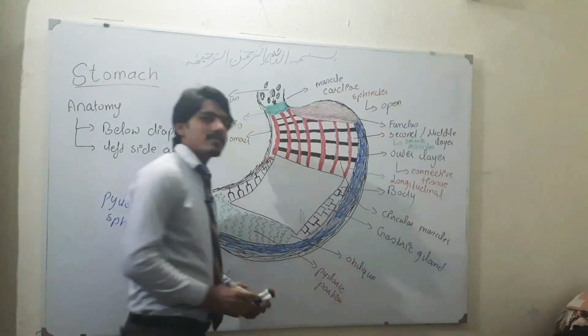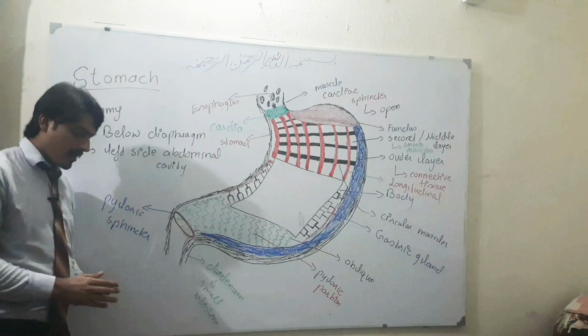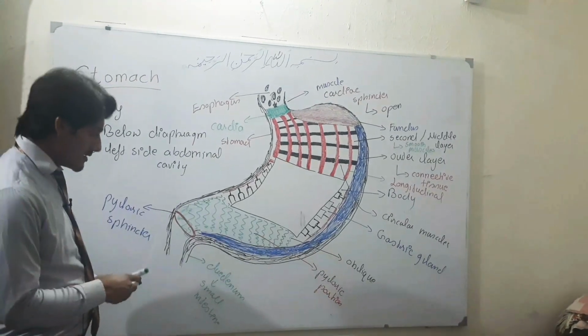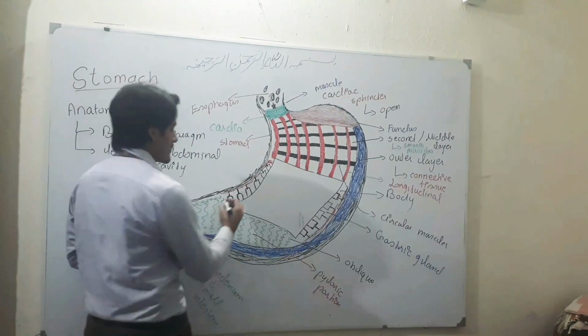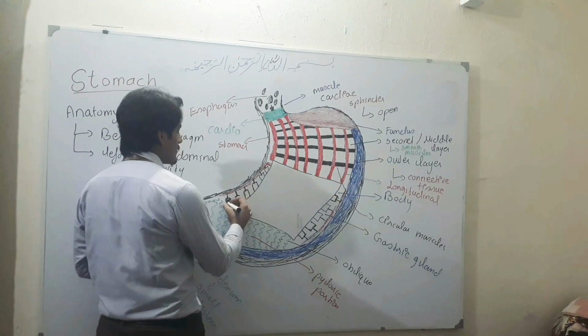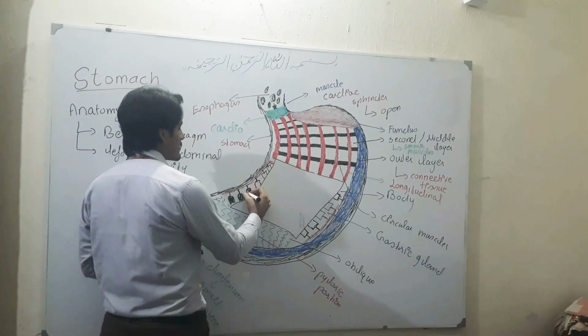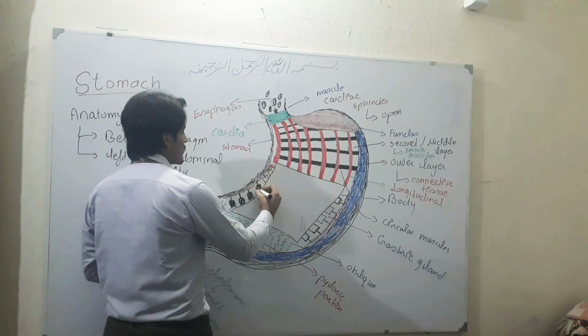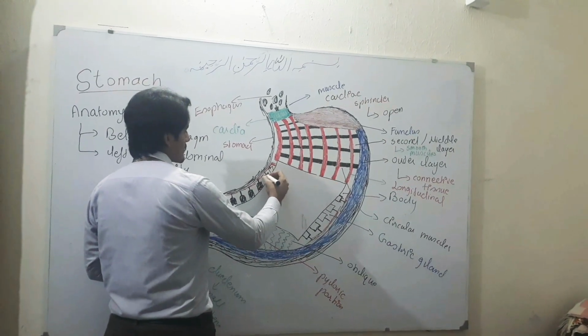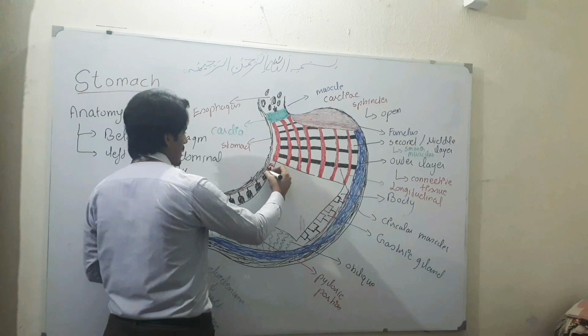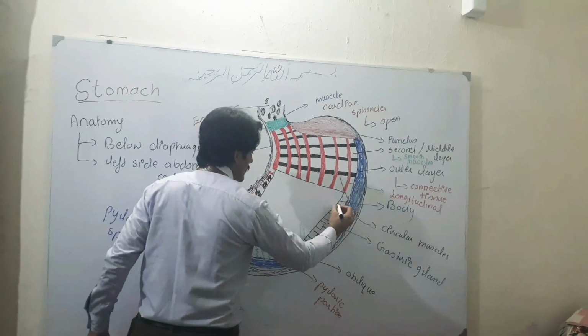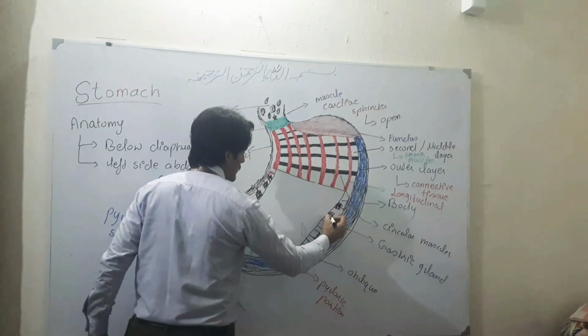These glands are called gastric glands. The glands present on the inner side of the stomach wall are called gastric glands. And if I talk about what they secrete and what their composition is, the gastric glands are composed of 3 further cells.